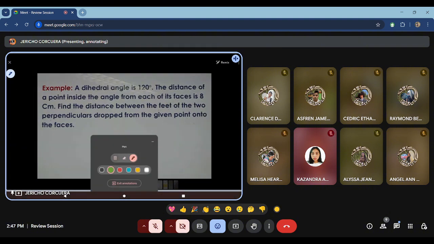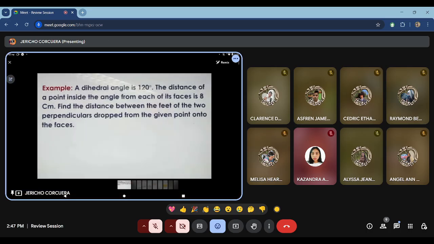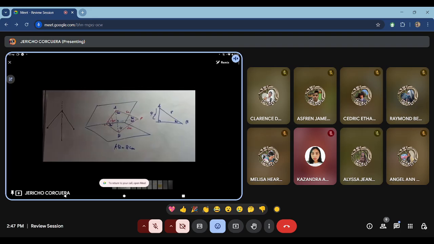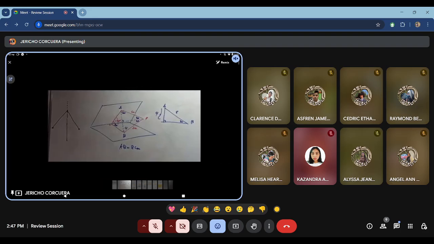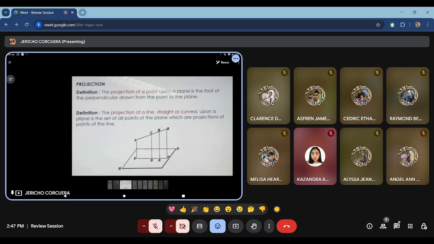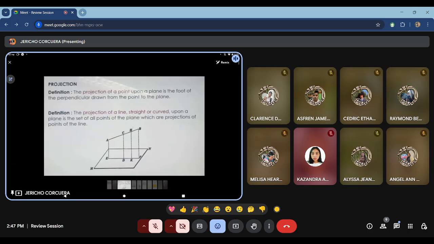And now let's proceed to projections. Yeah, this is our solution. Now for the projection, we have a definition. The projection of a point upon a plane is the foot of the perpendicular drawn from the point to the plane.